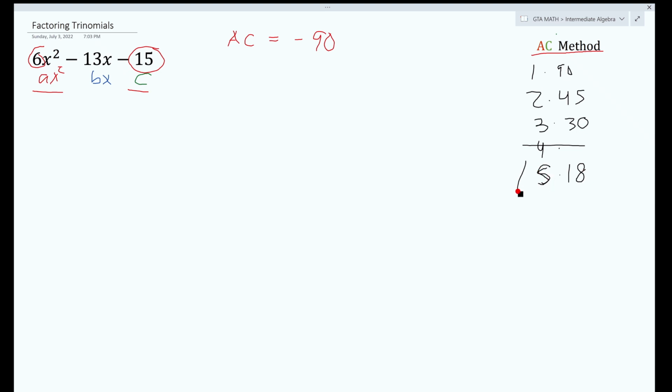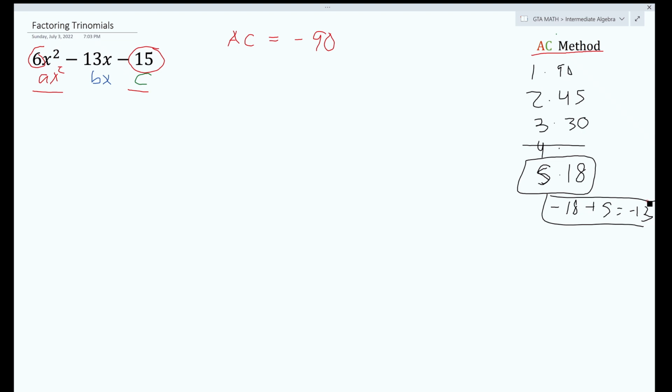Actually, that's perfect. So we have ours. So now we have to figure out, is the 18 going to be positive or negative? In this case, it's going to be negative. Because negative 18 plus 5 equals negative 13. I know my writing is sloppy, but hey, making it work.